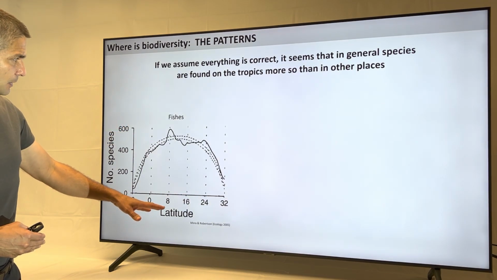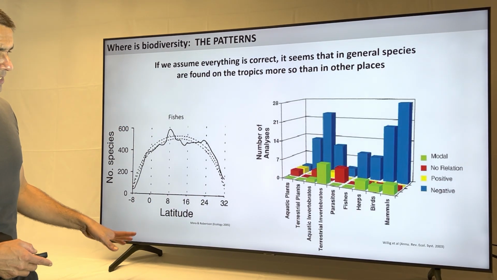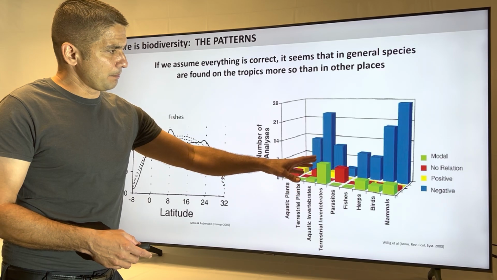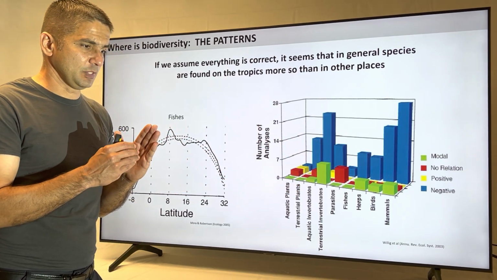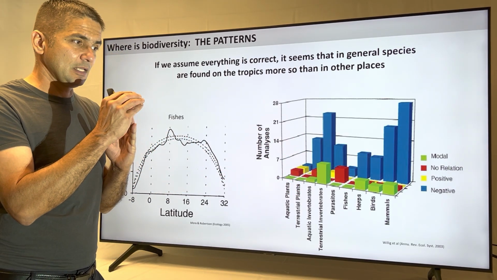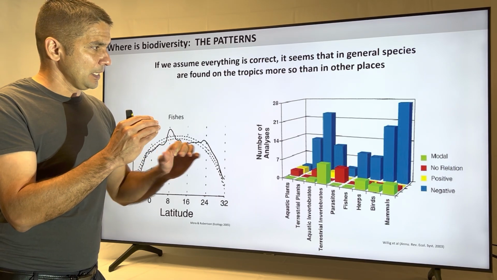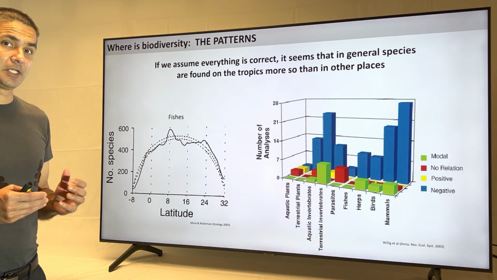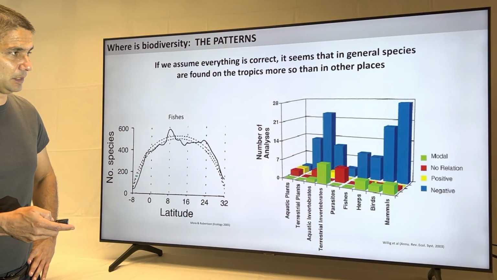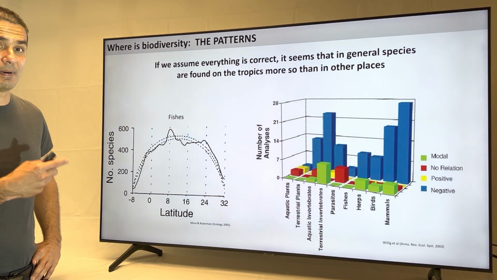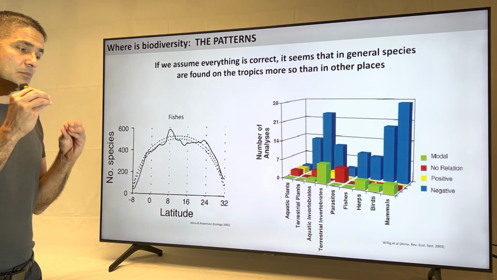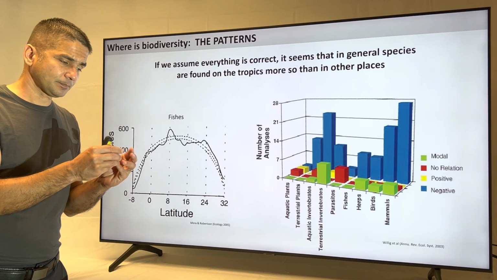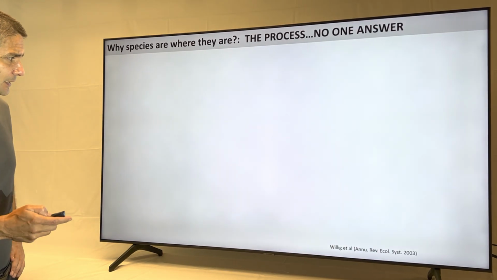Here is an example that we did for fish, but as Willig pointed out in his paper, that pattern of a negative relationship between increasing latitude and the number of species is found in many taxonomic groups that we know of. Again, while it's general, it's not universal, but it's relatively well understood that that's what the pattern in species richness looks like: most of the species being in the tropics and fewer at higher latitudes.